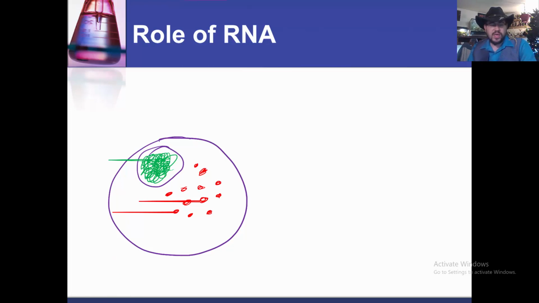So how do we get our genetic information in the genes out to the ribosomes? Well, we take one gene and we convert it to an RNA messenger that can then leave the nucleus. So here's a little gene that's available, convert it, and then it's able to leave the nucleus and eventually meet up with the ribosome.